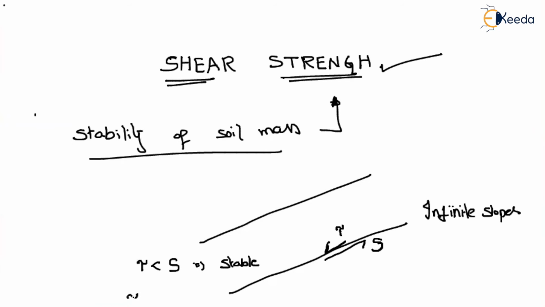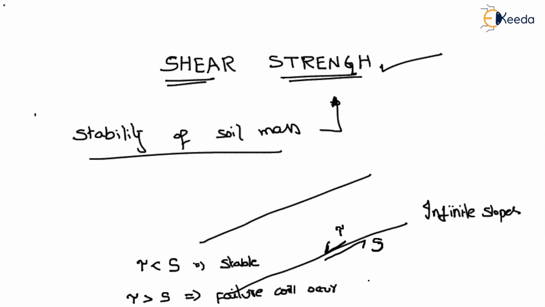If your applied shear stress is greater than the shear strength of the soil, then we can say it is unstable, or that failure will occur. This is one example based on the infinite slope.